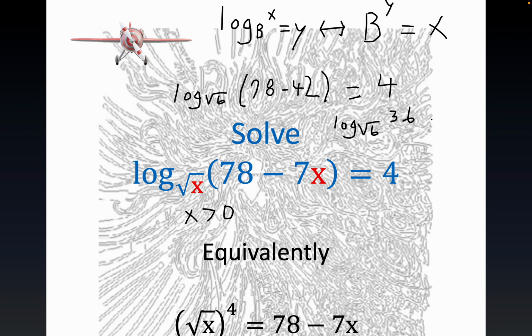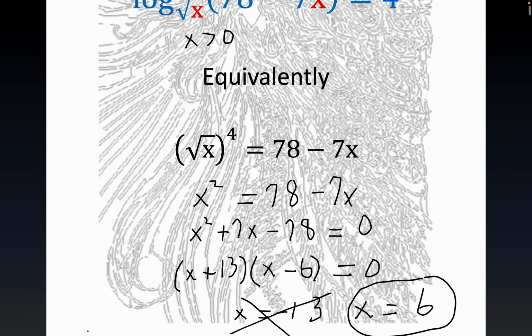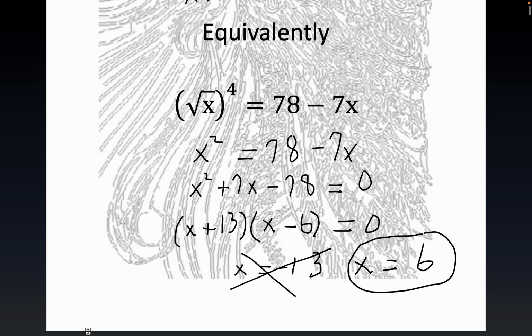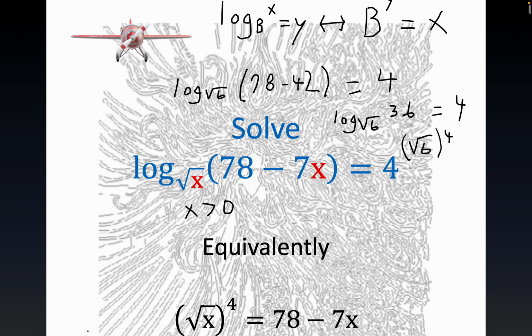And certainly this is equal to 4 because the square root of 6 raised to the 4th power is certainly 36, and again, we just talked about that symbolically just a moment ago. Let me write this down. The square root of 6 raised to the 4th power is equal to 36. So that's it, folks. The solution is x equals 6.